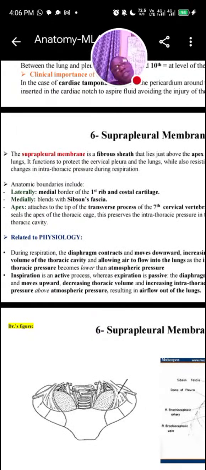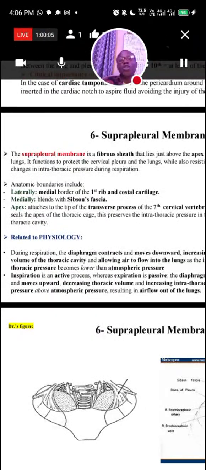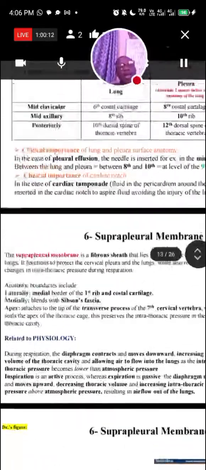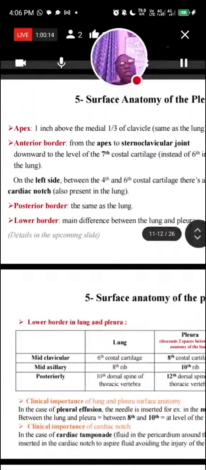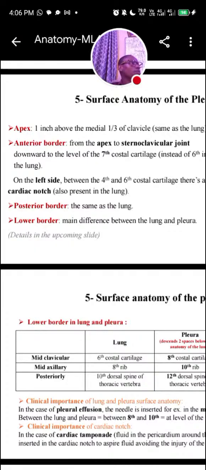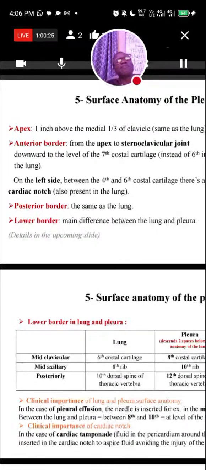A for apex of the pleura. L for lower border of the pleura. The other A for the anterior border or anterior surface of the pleura. And then this other one, P, for the posterior border of the pleura. Do you follow?